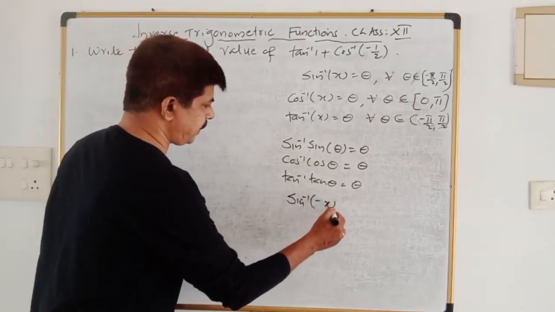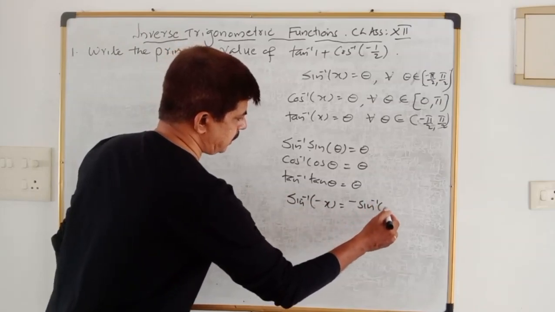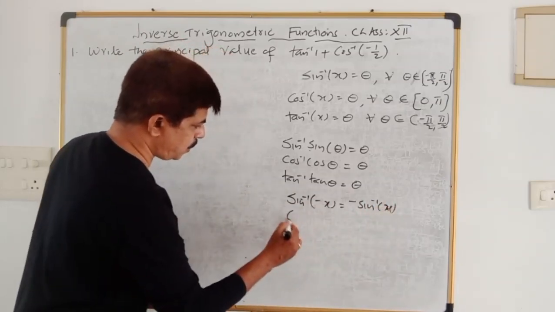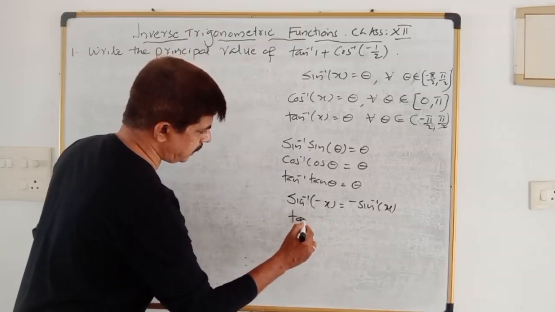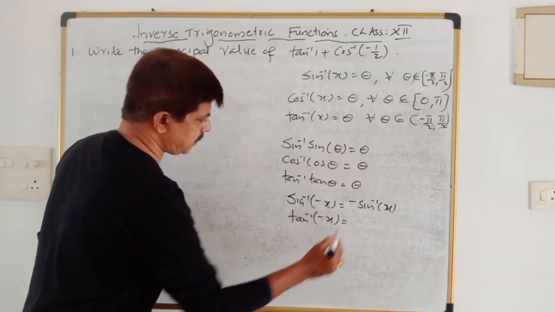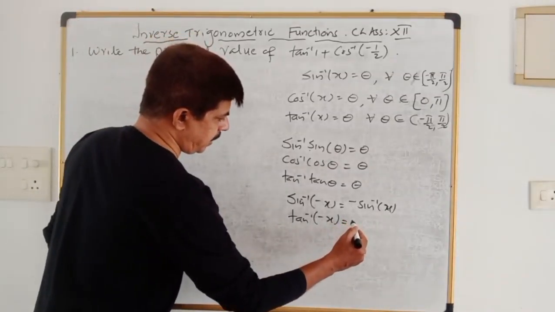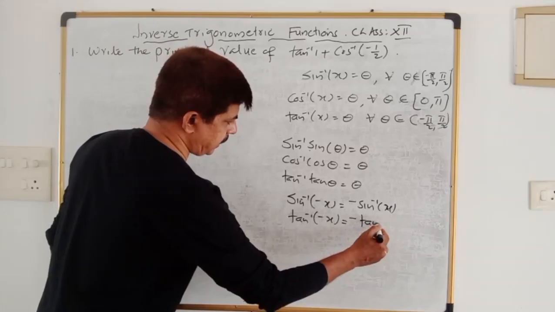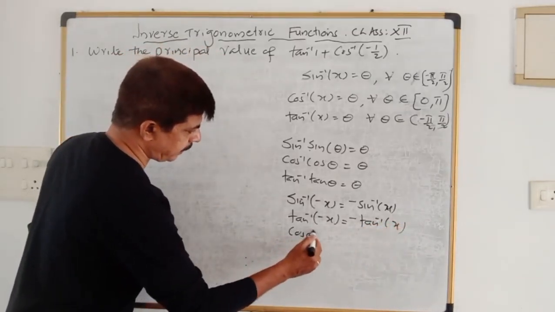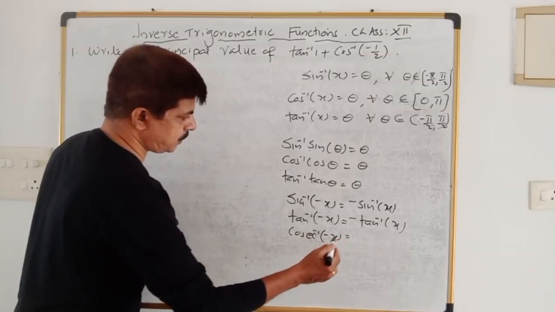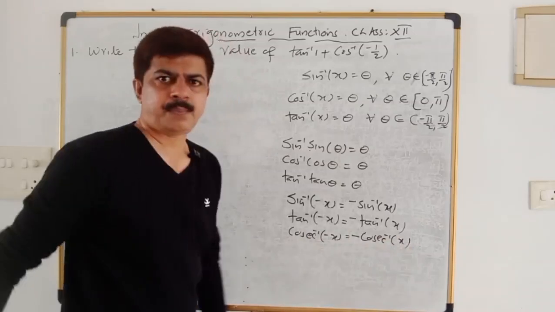Again, sine inverse of negative x will be substituted as minus sine inverse x. Tan inverse negative x will be substituted as minus tan inverse positive x. Cosec inverse negative x will be substituted as negative cosec inverse positive x.